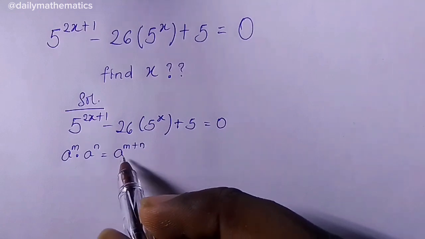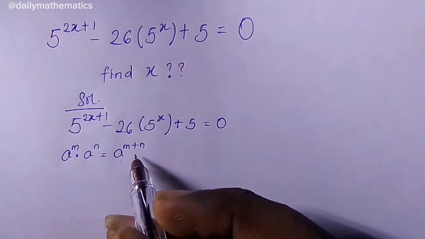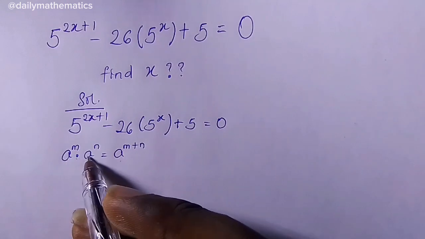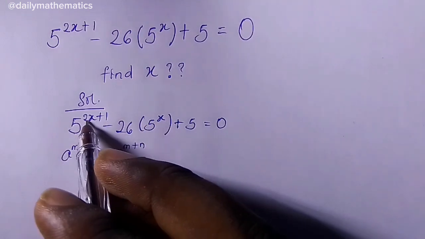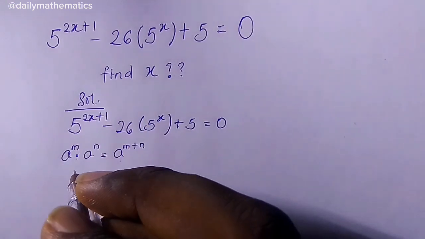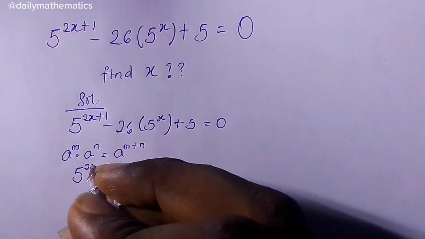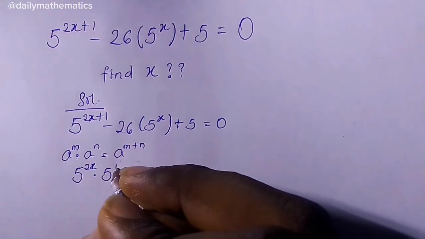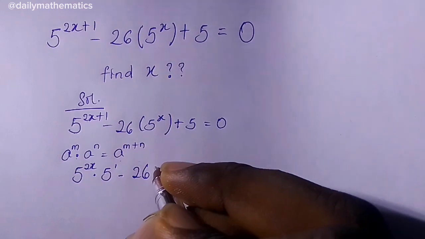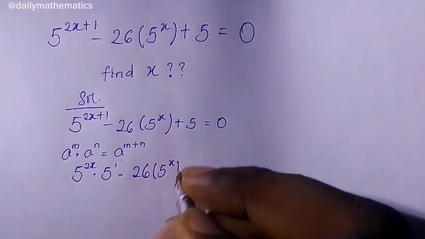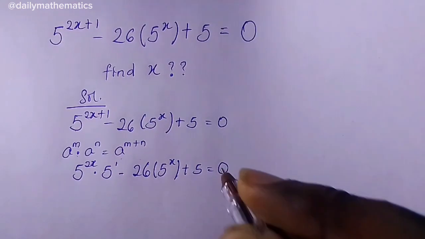When you have a raised to the power of m plus n, you can also split it to make it a raised to the power of m times a raised to the power of n, and that's exactly what we have here. So 5 raised to the power of 2x plus 1 can be split into 5 raised to the power of 2x multiplied by 5 raised to the power of 1, minus 26 multiplied by 5 raised to the power of x plus 5 equals 0.